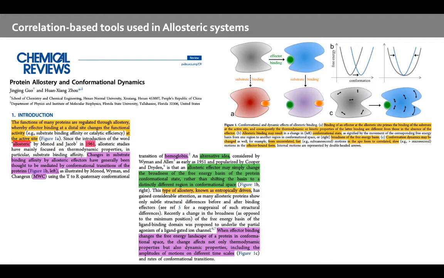The length of this line will be related to the logarithm of the correlation. So if they are highly correlated, the length will be very short, or very long if they are not correlated. And you get something that looks like this.